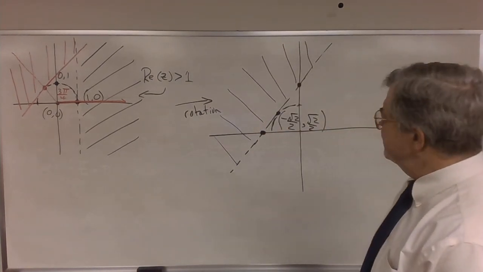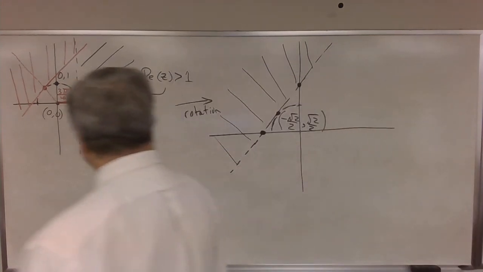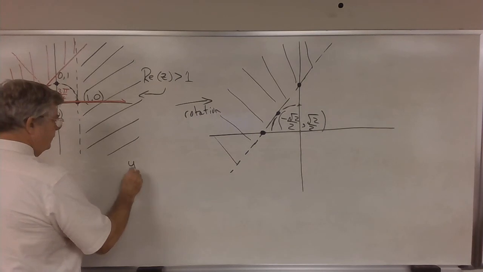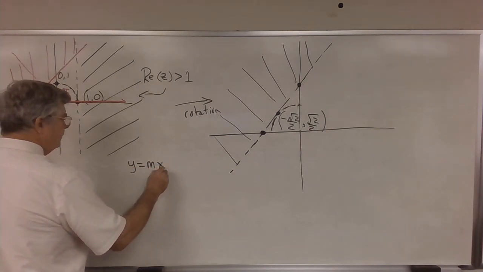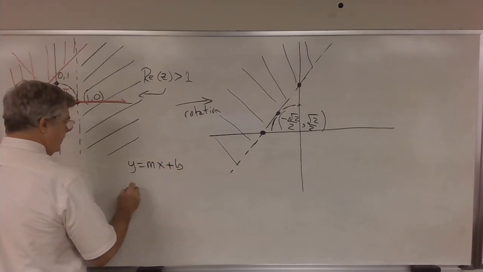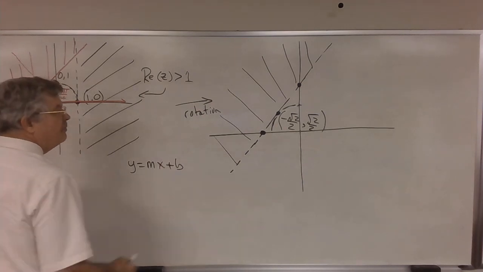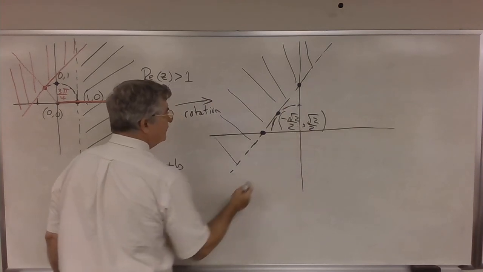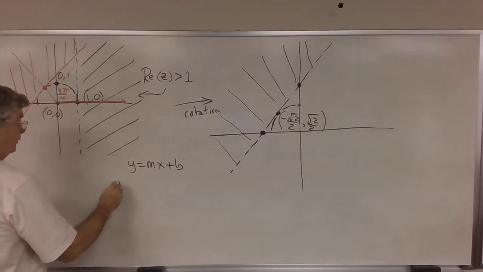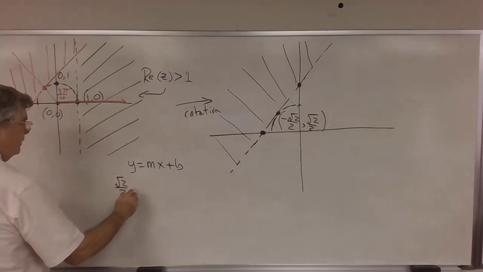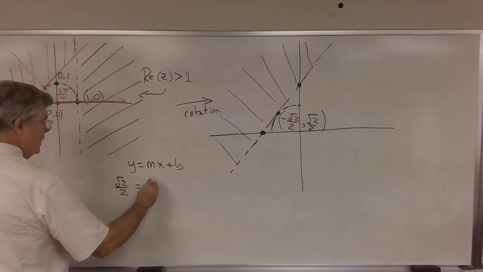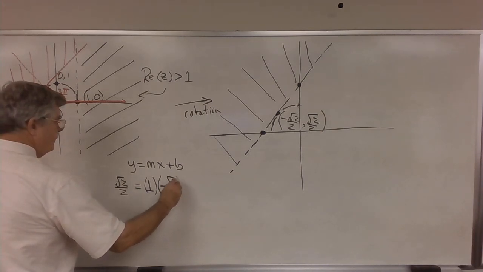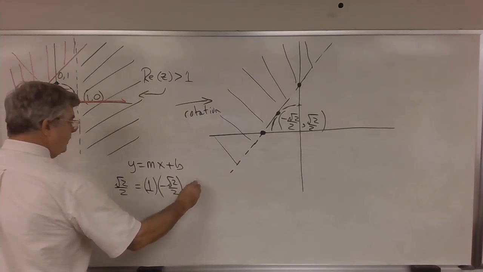I'm thinking maybe I can just use the equation of a line, because I know what the slope is, y equals mx plus b. And we know a point on the line, negative square root of 2 over 2, square root of 2 over 2. So square root of 2 over 2 equals the slope 1 times negative square root of 2 over 2 plus b.